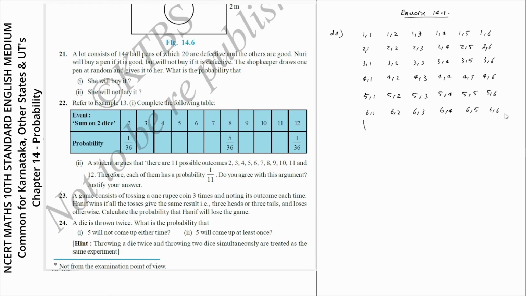So there are 6 columns by 6 rows. Total possible outcomes are 6 into 6, which is equal to 36.